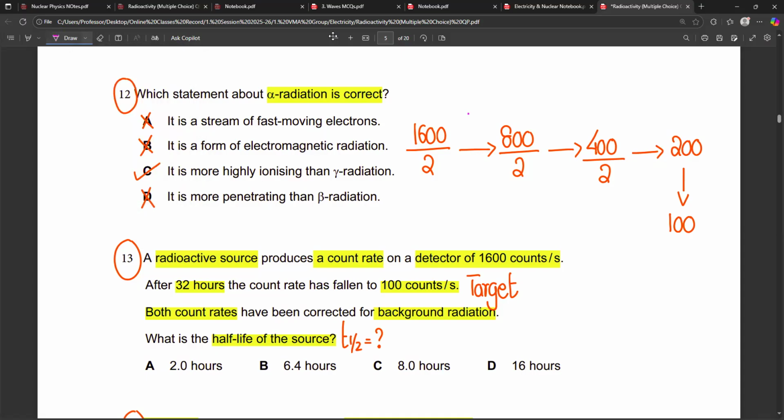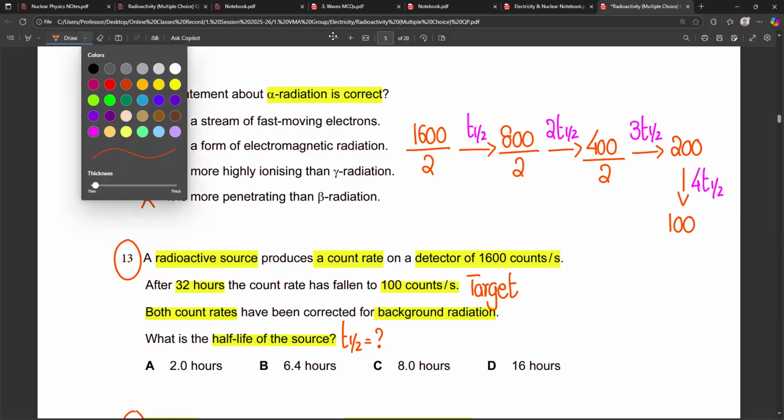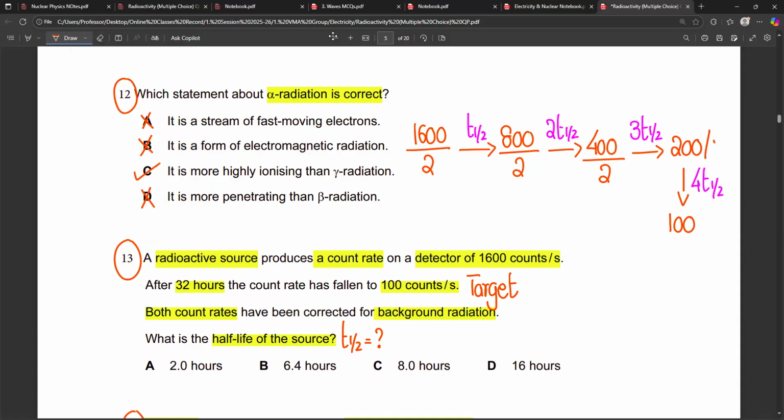So first half-life, this is the second half-life, and then we have the third half-life, and this is the fourth half-life. So we have a total of 4 half-lives in this process.